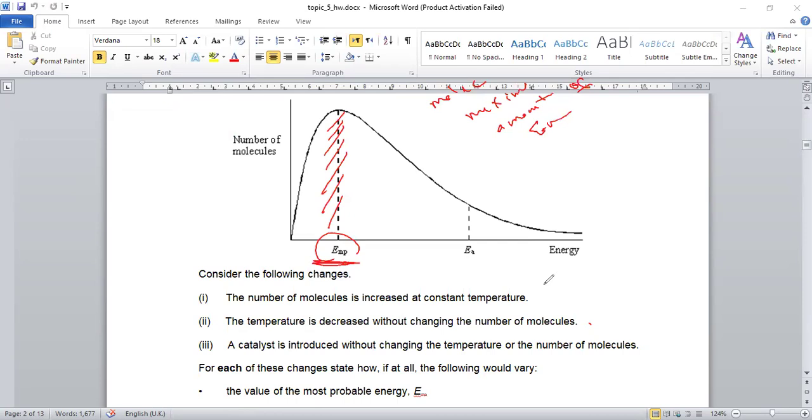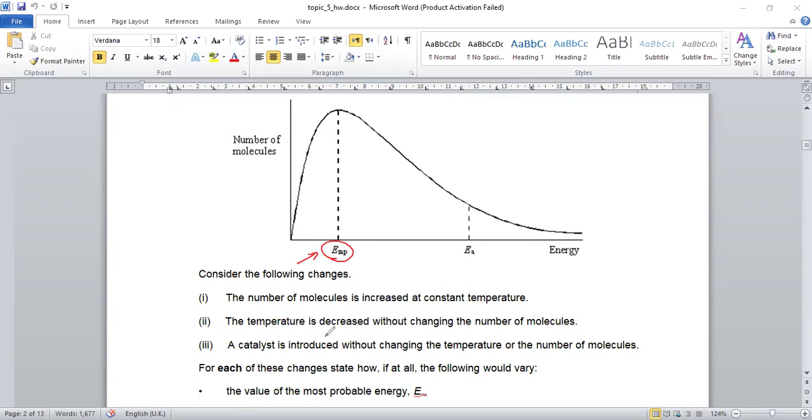The first factor will not affect the energy because there is no change in temperature. You just change the concentration. So changing the number of molecules will not affect the maximum energy reached by the molecules. It will affect the number of molecules only.